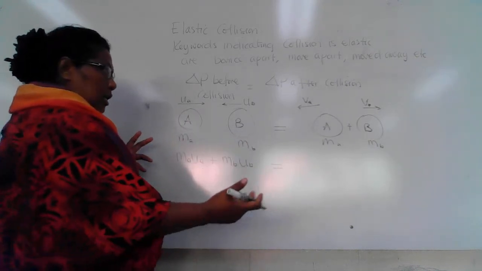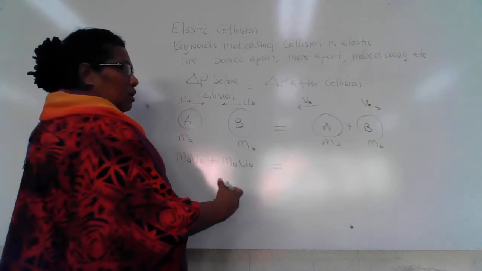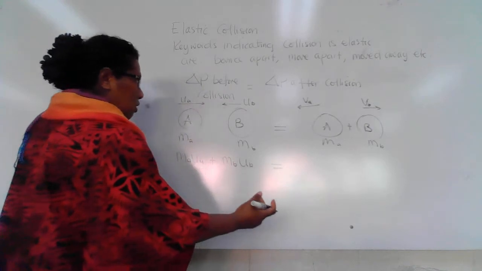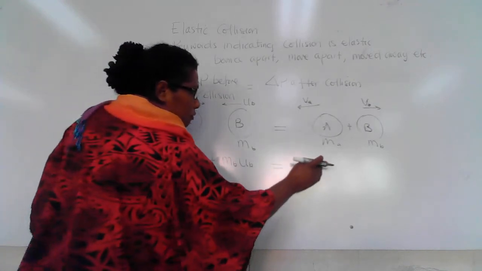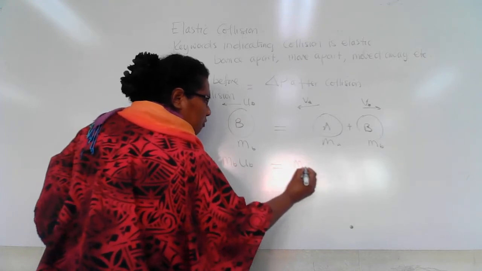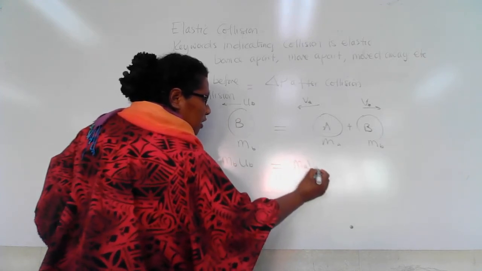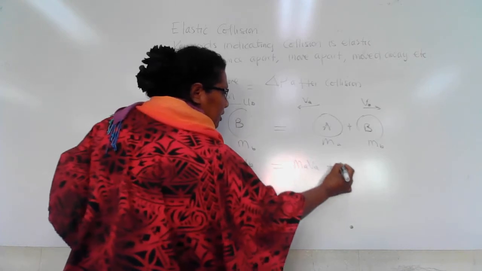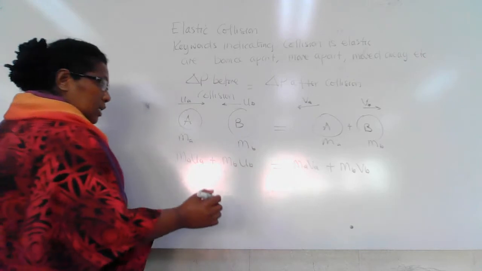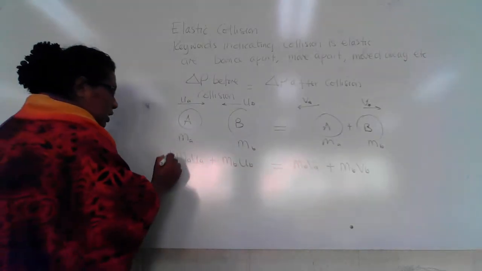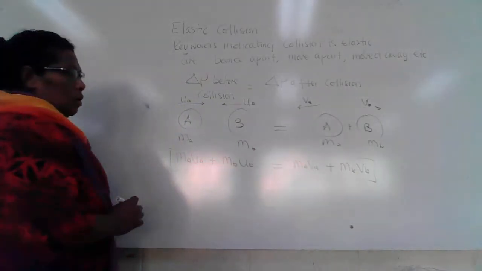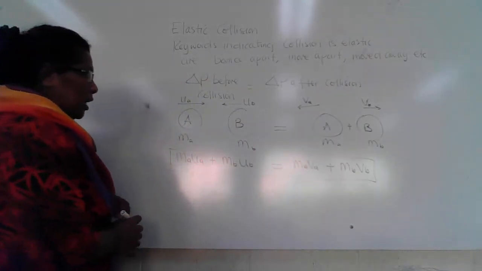The size of the vector will depend on the magnitude of their velocities after the collision. So now the momentum after collision is the mass of object A times the final velocity of object A, plus the mass of object B times the final velocity of object B. So this is called the general formula.